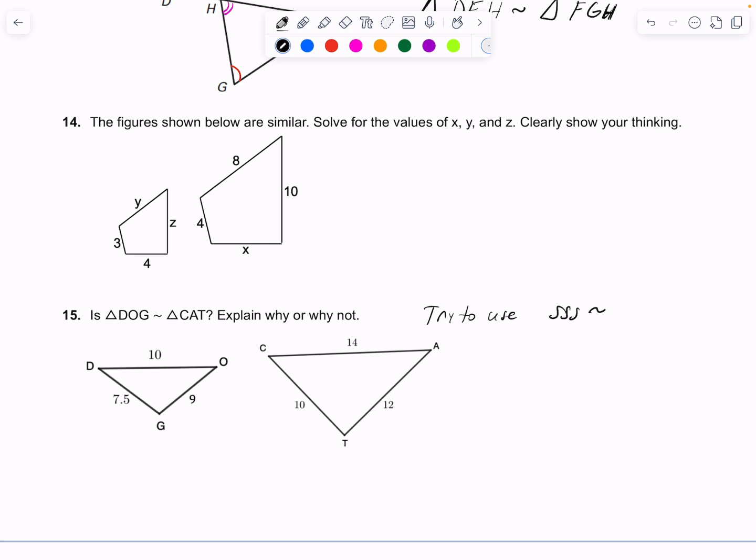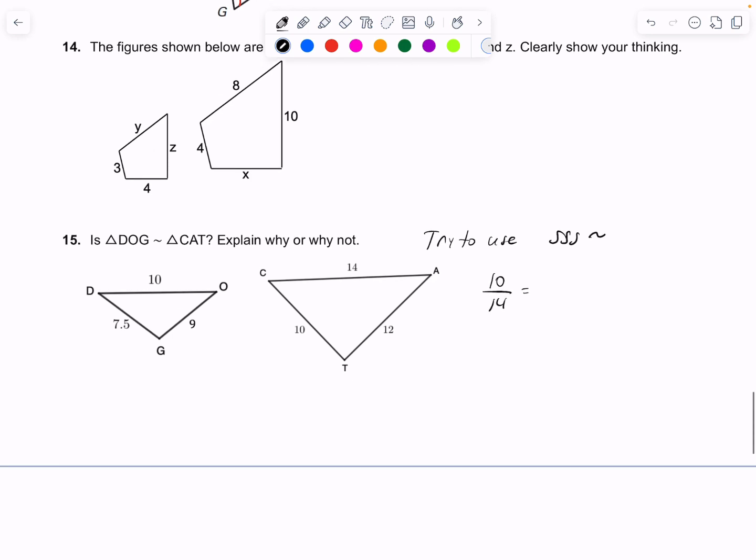I'm going to do DO with CA, which is 10/14. See what that one is. Then I'm going to do OG with AT, which is 12 over 16. See what that is. And last but not least, I'm going to do DG with CT and see what that is. Okay, so this reduces to 5/7. This is 3/4.